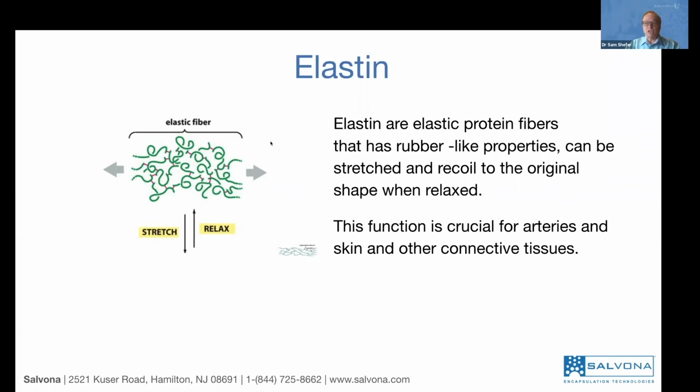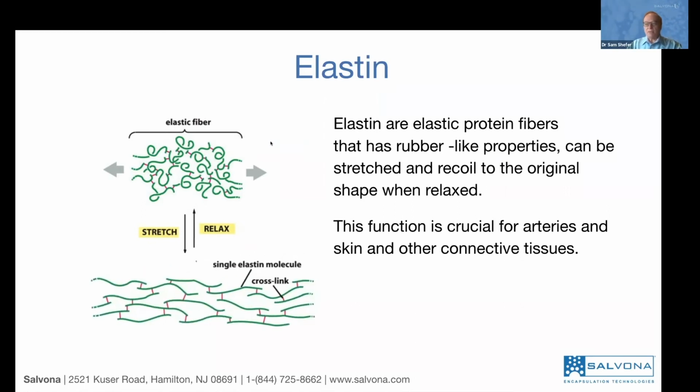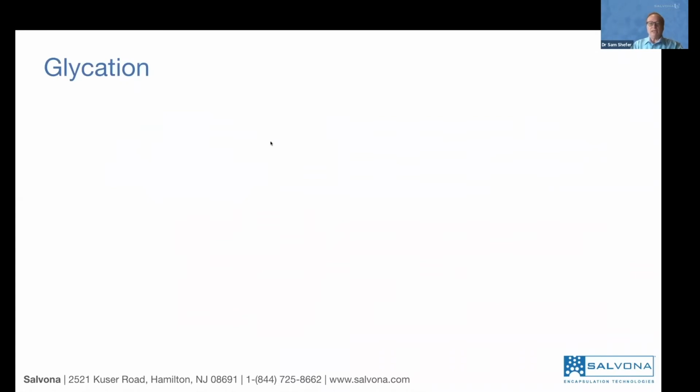So the stretch can come back with the elastin. Now, something happens that prevents the elastin from doing what it's supposed to do. Compared to this, the collagen is not able to stretch. It is a holding fiber. The only thing able to give us the flexibility, the rubber-like quality, is elastin.